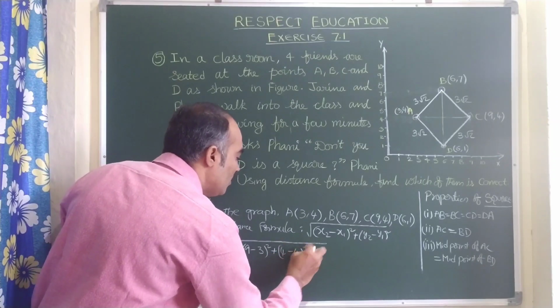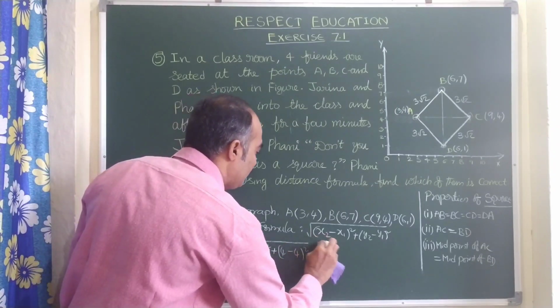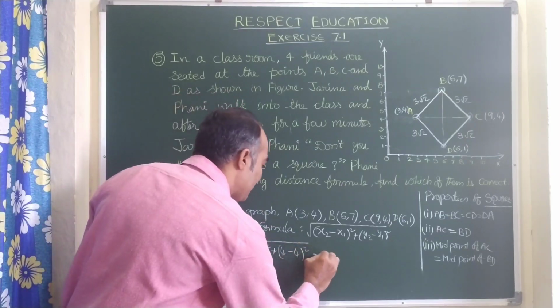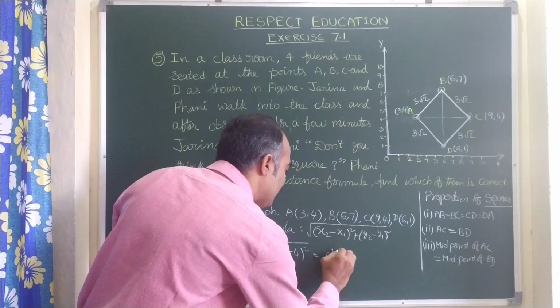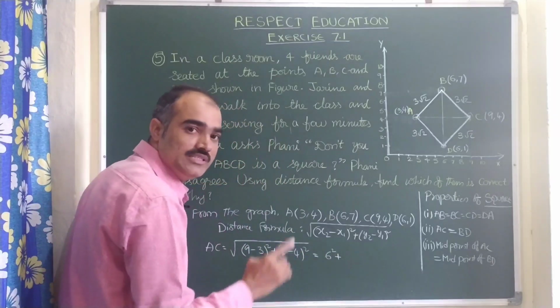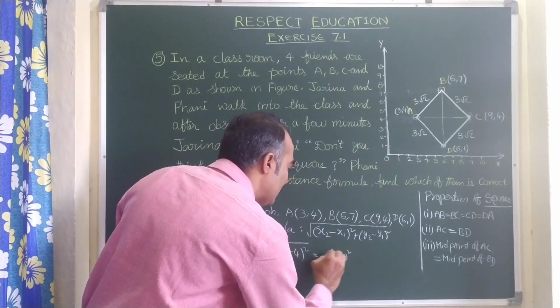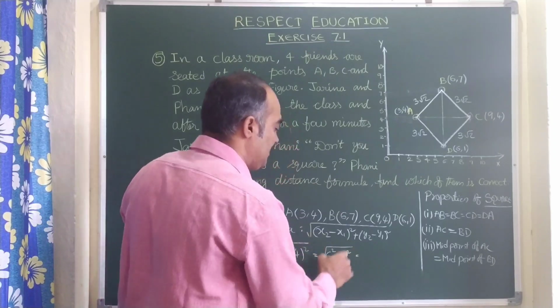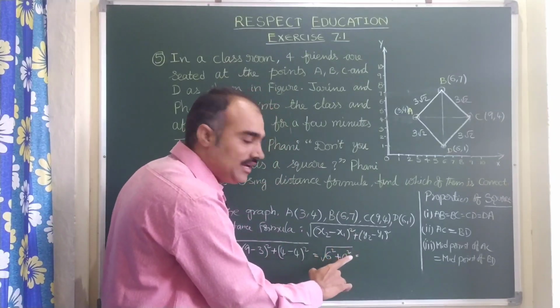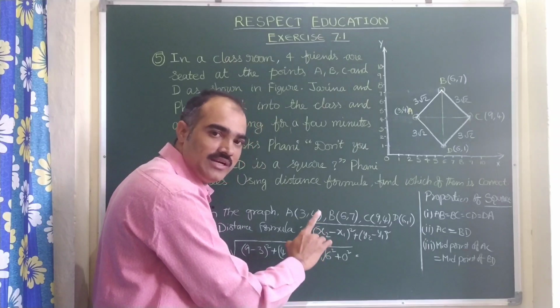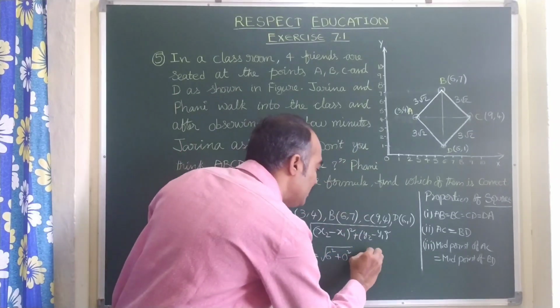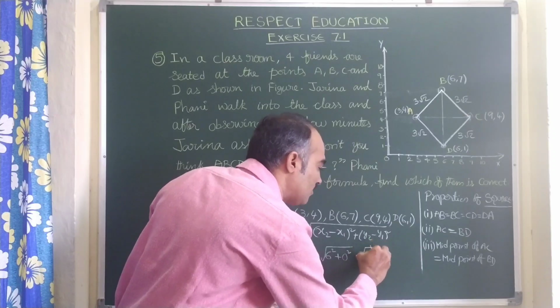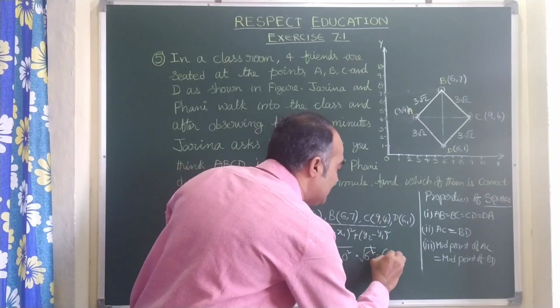Let us simplify this. 9 minus 3 is 6, so 6 square plus 4 minus 4 is 0, so 0 square. 0 square is 0, and adding it to 6 square, you get 6 square only. Under root, the square and root get cancelled. So this is 6 units.